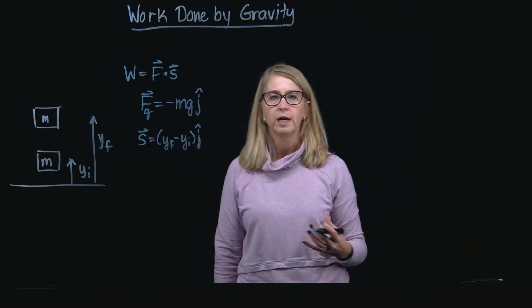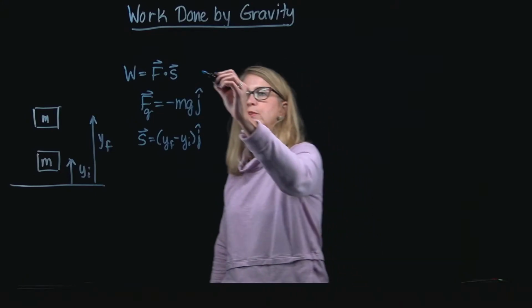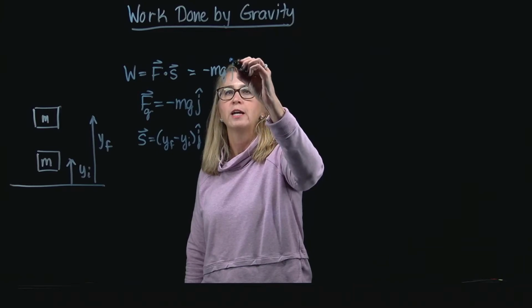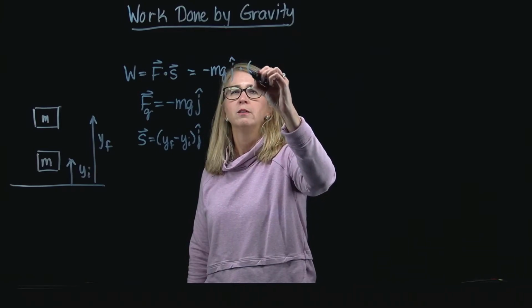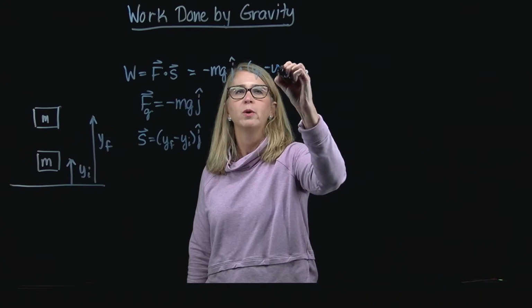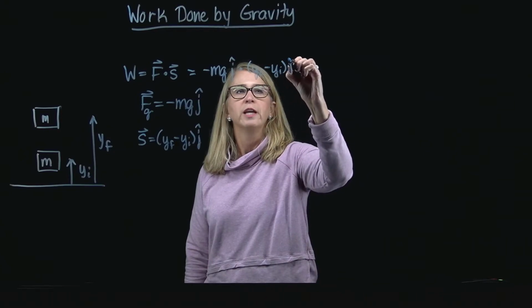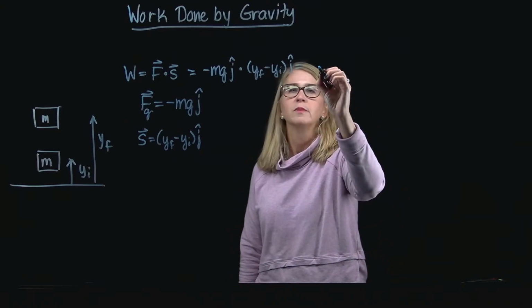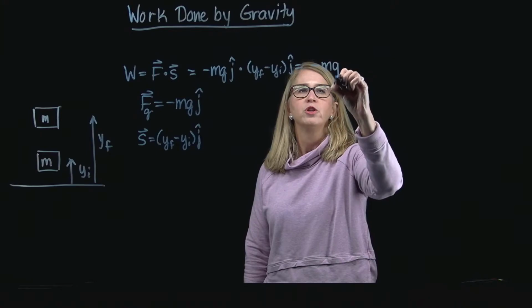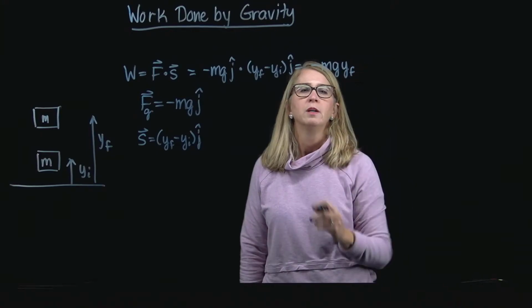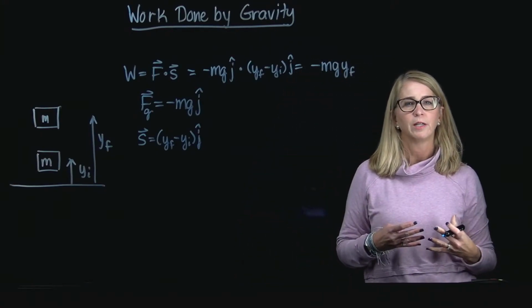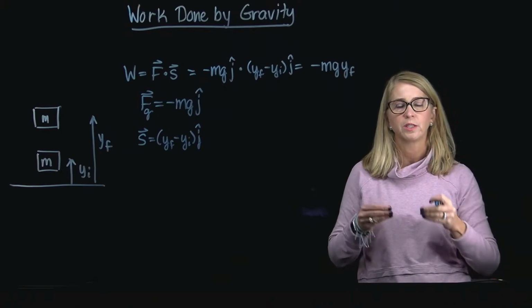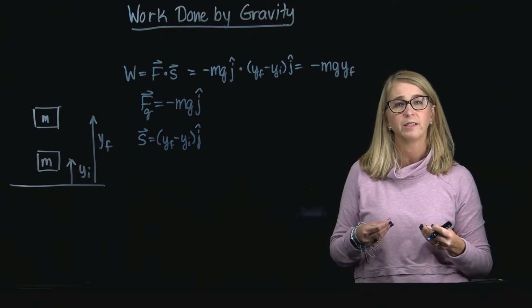So when we do the calculation of the work, we substitute these in here. We have minus mg in the j hat direction, dotted with y final minus y initial in the j hat direction. And this is going to give us minus mg y final, because remember what we learned about the dot product of vectors written in unit vector form: the like components just multiply together.